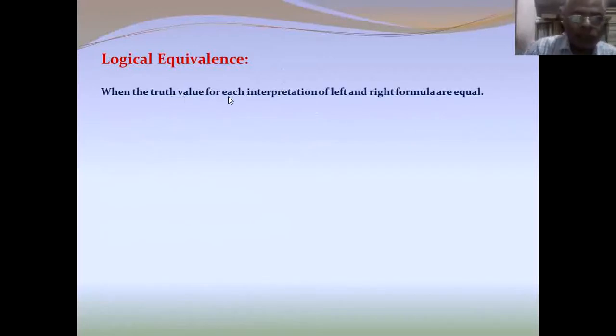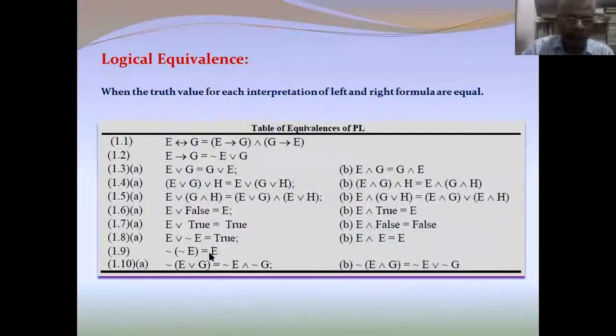There is a logical equivalence. When the truth values for each interpretation of the left and right formulas are equal, then they are called logically equivalent. There are a number of different formulas which are logically equivalent.